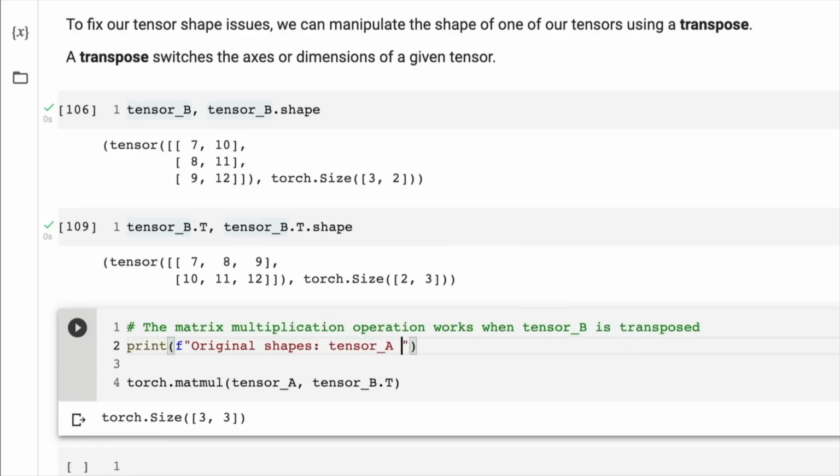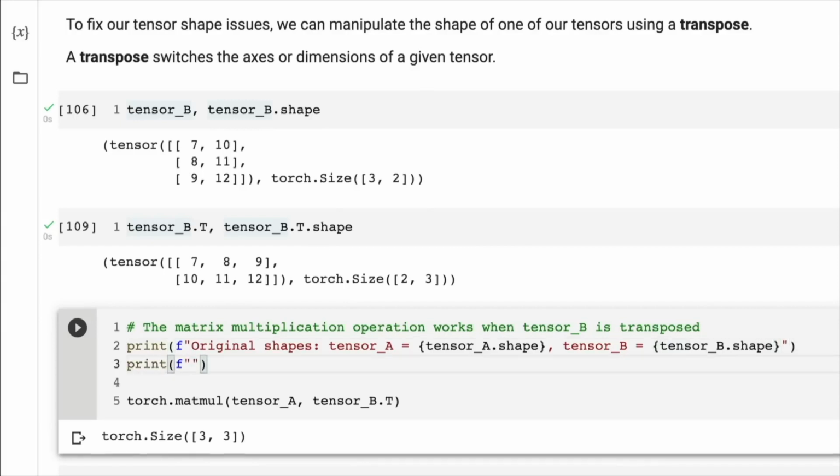So original shapes is going to be tensor a dot shape. Let's see what this is. And tensor b equals tensor b dot shape. But the reason why we're spending so much time on this is because, as you'll see, as you get more and more into neural networks and deep learning, the matrix multiplication operation is one of the most, if not the most common.